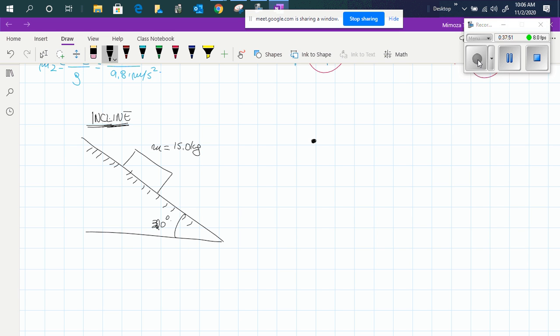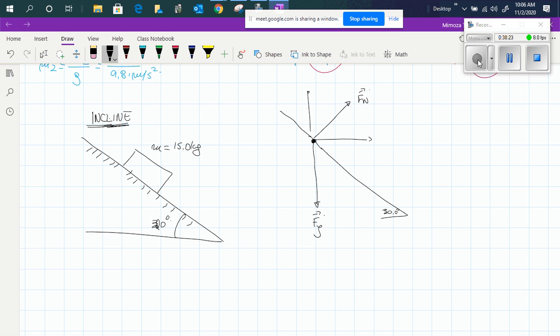This being the situational diagram, converted into a free body diagram, the object of our interest, the object with mass 15, is represented by a dot. Then we have force of gravity, and a surface that is creating an angle of 30 degrees with the horizontal, and perpendicular to the surface we will have force normal. Now, if we keep the axes the way that we are used to in math, horizontal and vertical like this, it will be a lot of work.